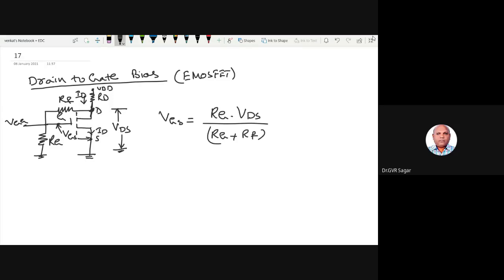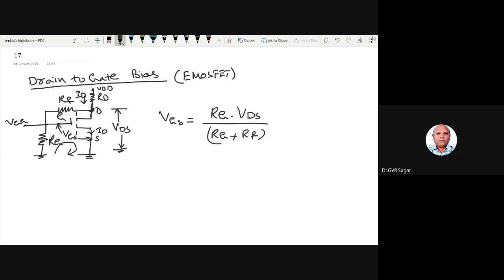The voltage drop across gate to source, why am I taking it? In KVL there are two voltage drops at the input, and automatically the voltage drop across this is equal to VGS. So VGS is equal to what is written. The total voltage applied here is VDS, not VDD.